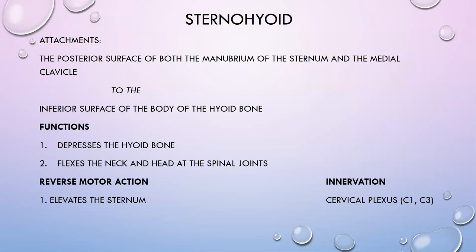So these would be nerves that are leaving the spinal column. And what we're saying here is that sternohyoid is innervated by branches of nerves that arise from the C1 level and some nerves that arise from the C3 level. There's no nerve innervation from the C2 level. So cervical plexus, C1 and C3 innervate sternohyoid.